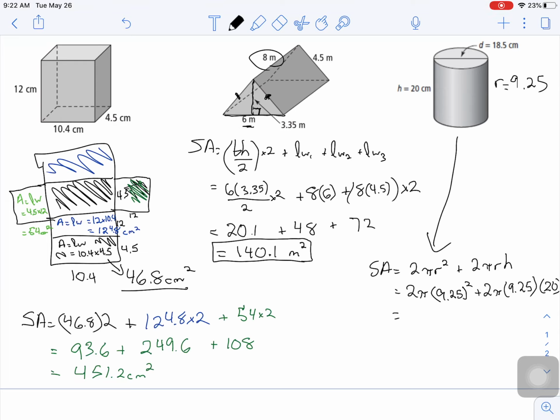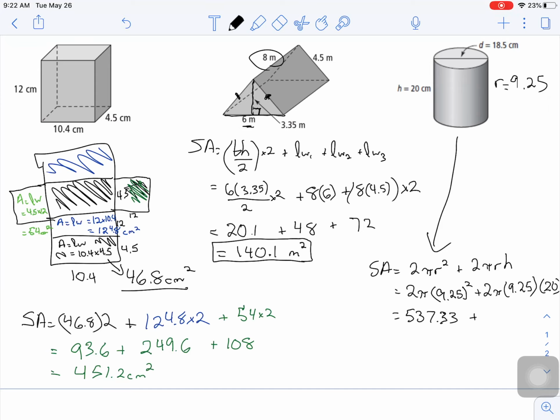2 times, so that's going to equal 537 point, and there's a bunch of decimals, but I'm going to just round to 2 decimal places. You generally don't round to the end. I'm keeping that in my calculator so that I don't have to round, but I don't like to write them all out.